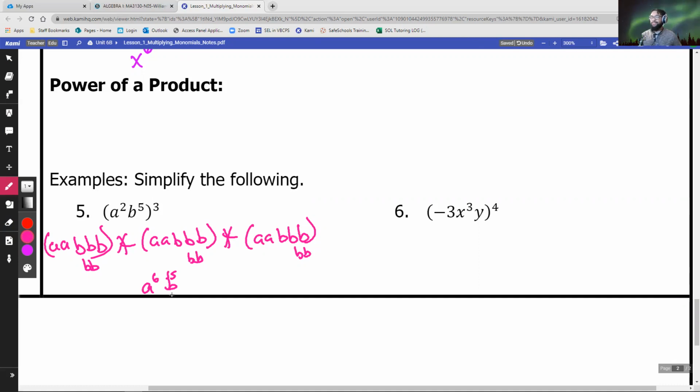So when we have two different things multiplied together, that's called a product. We raise everything in that product, in the set of parentheses, to that power. So let's put that into words.